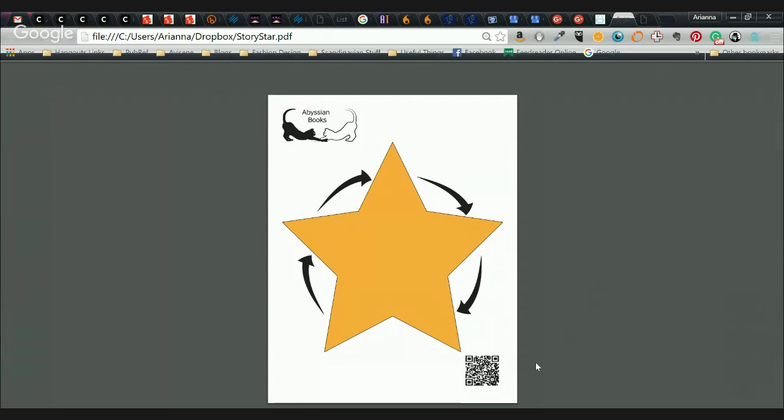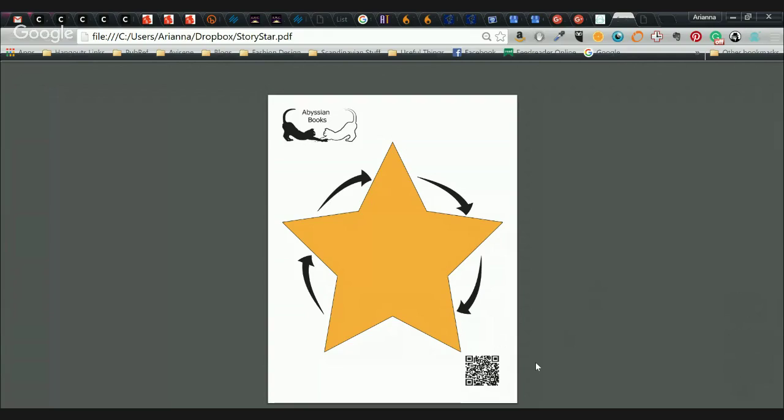And then you move on to the second point, the left middle point. And that point is your inciting incident. No, I'm sorry, I'm scatterbrained today. You start off at the lower left with your inciting incident, and you move up to your complication. That's that point on the sort of upper left.